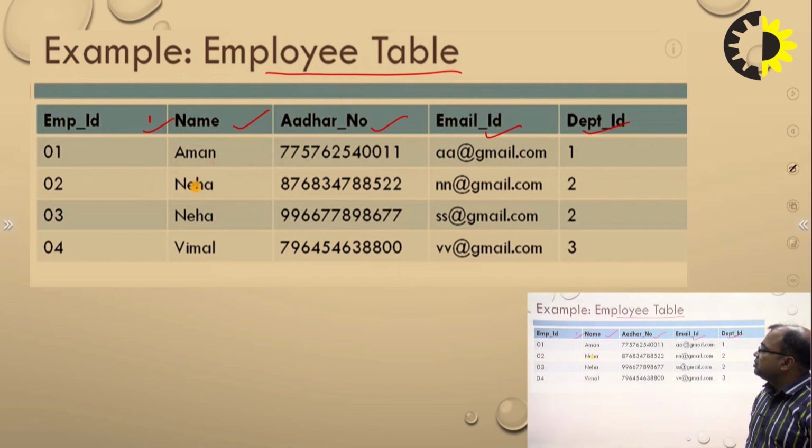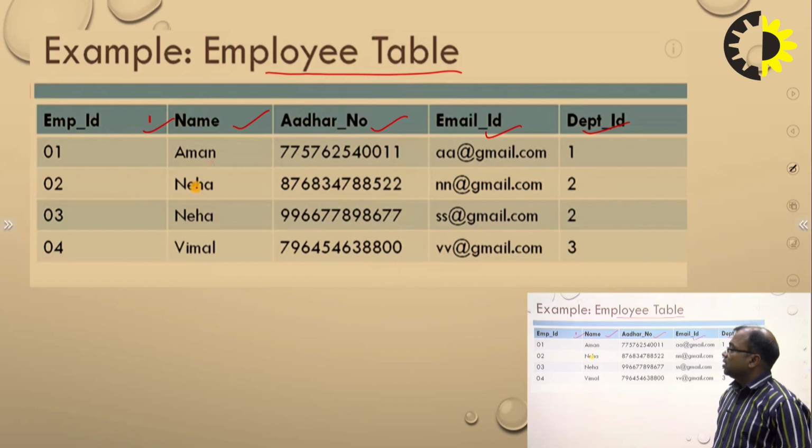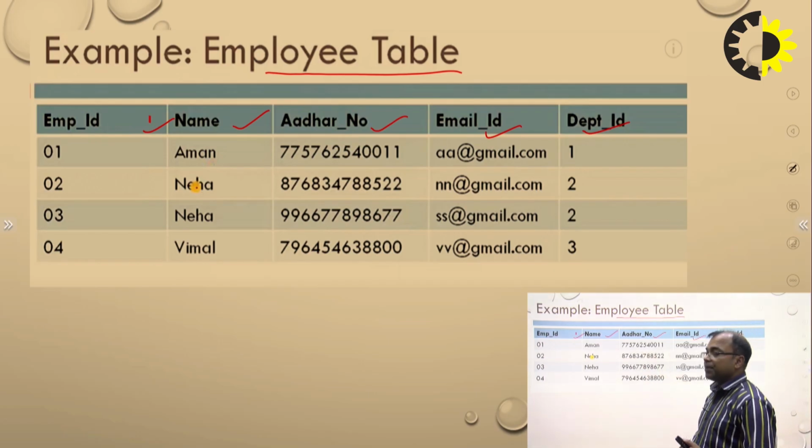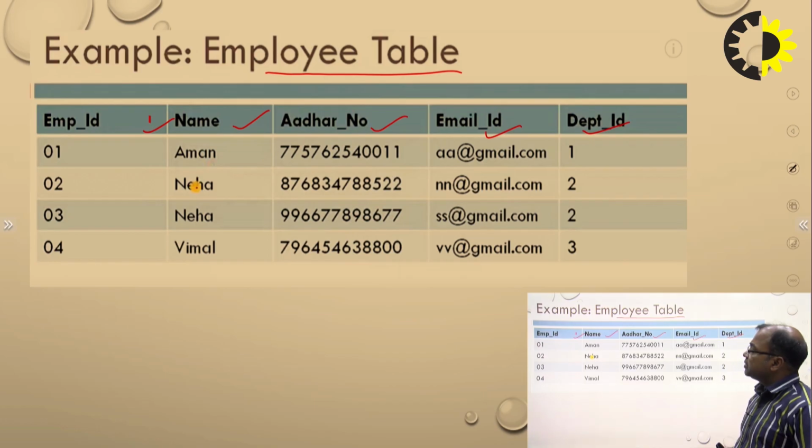In this table, if we ask what the key is, we can see that employee ID can be a key, and it can uniquely identify all the other tuples in the table.